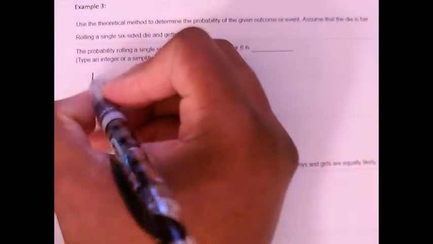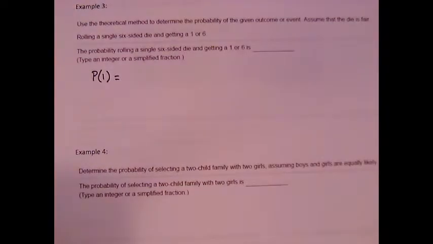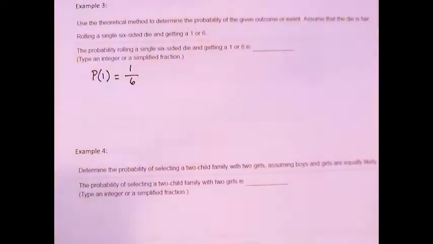Okay, let's look at the possibilities here. The probability of getting a 1 on a six-sided die. Well, there's only one way to get a 1, okay? Because the die has 6 numbers, 1, 2, 3, 4, 5, and 6. Okay, so it'll be 1 out of 6.